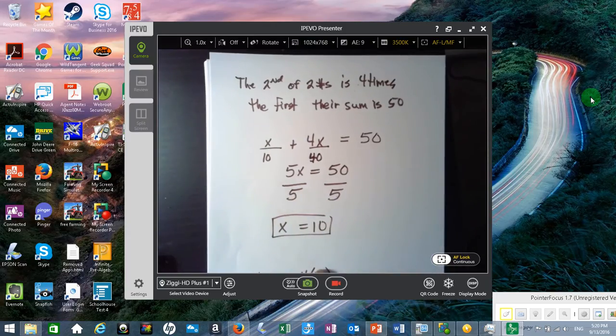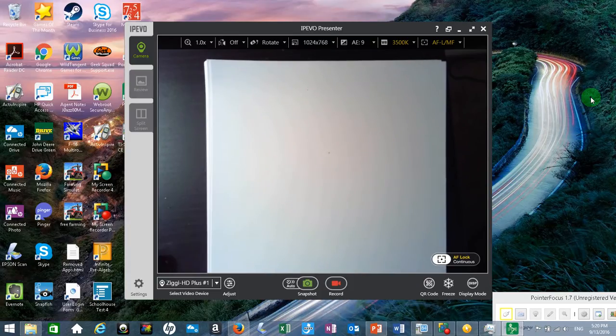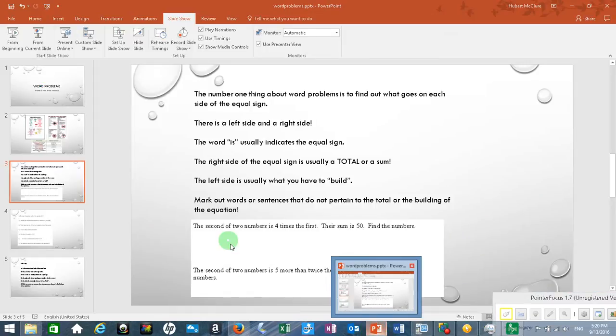The second problem says the second of two numbers is 5 more than twice the first. Well, we know that the sum is 80. We got two numbers over here.